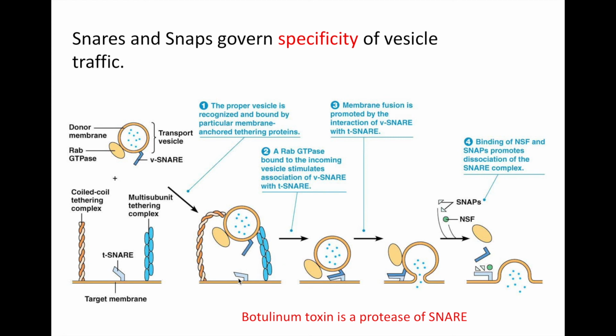So these proteins have to come together and agree for the vesicle to fuse and release its content to wherever it's going, say it's a lysosome or the rough ER. And if they don't agree, then the vesicle will bounce off and it will find its correct component.